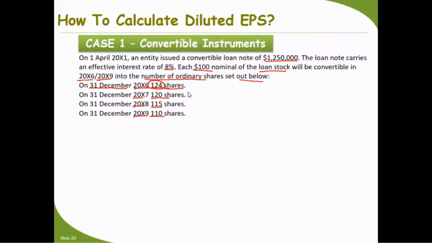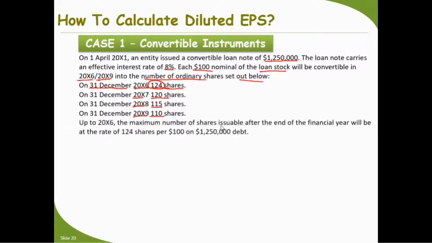Any option which gives the highest number of shares, we will opt for that option. Up to 20X6, the maximum number of shares issuable after the end of the financial year will be at the rate of 124 shares per $100 on the $1.25 million debt. Even if they are supposed to convert before 20X6, it would be 124 shares for every $100.